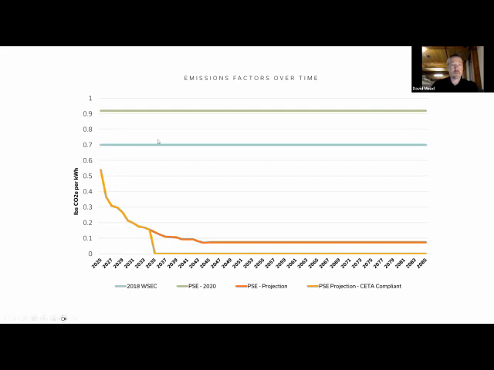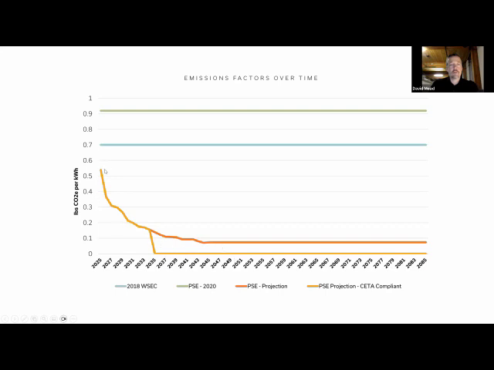So this is this 0.7 number. PSC data, that's the utility up here on the project that we're working on, had this line. And then we had PSC projections and then a CETA compliant projection based on the regulatory environment.